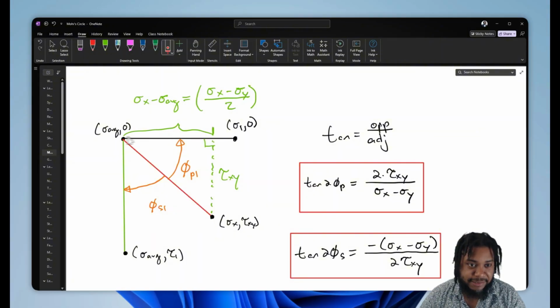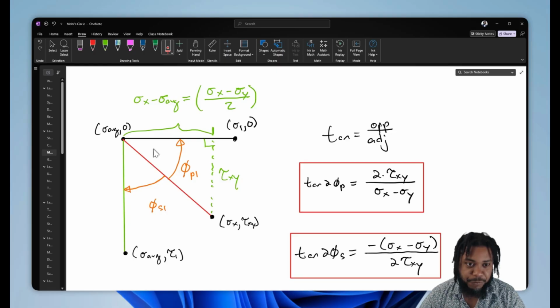If we consider the red line as a right triangle, the distance here is sigma x minus the average stress, so it's sigma x minus sigma y divided by 2. Our height, the y component of the triangle, is tau xy.